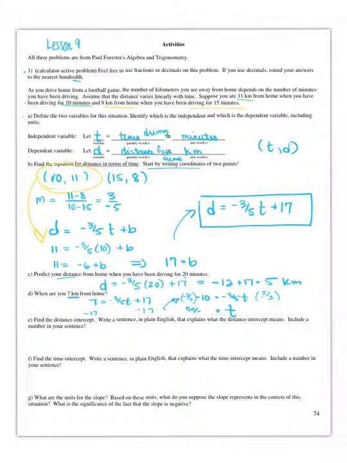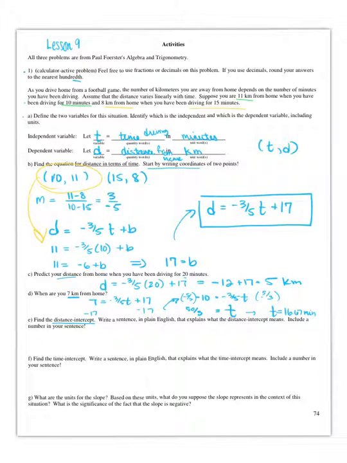T will be equal to 50 thirds, or we might want to express this as a decimal, which would be 16.67 minutes.